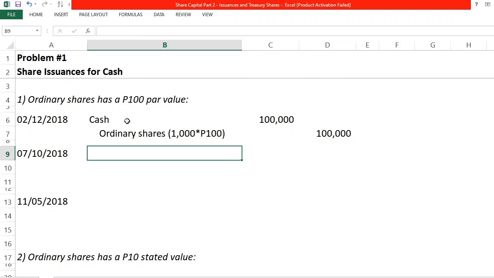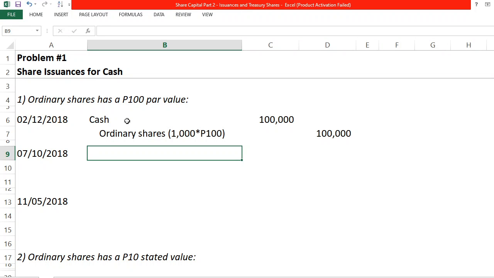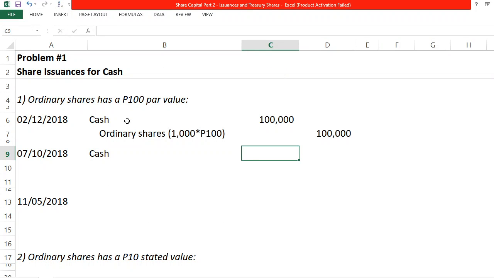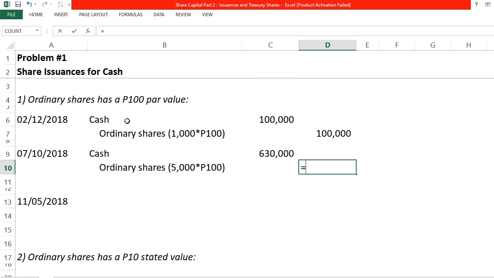Let's try July 10 transaction. Sold 5,000 shares for 630,000. So, again, we debit cash 630,000. And then, we credit ordinary shares, 5,000 shares, always at par, and that is 5,000 times 100, 500,000.